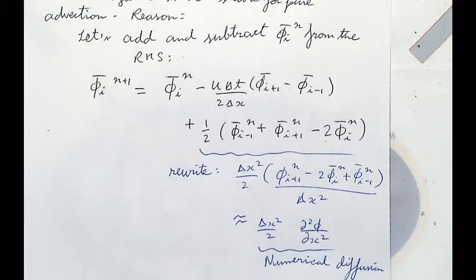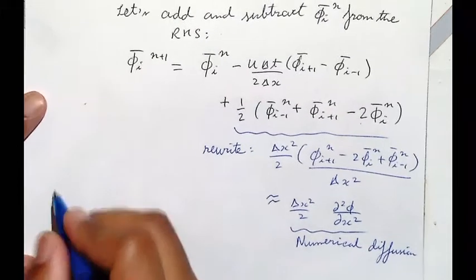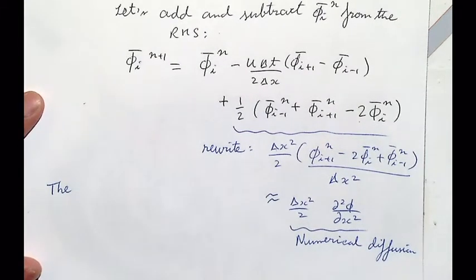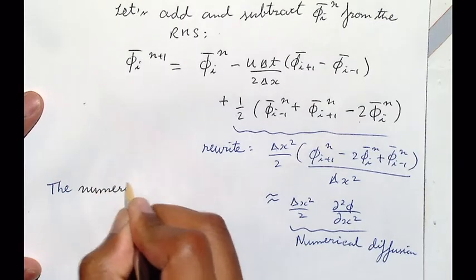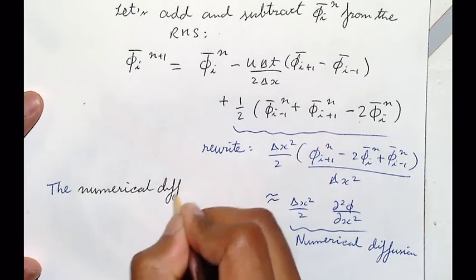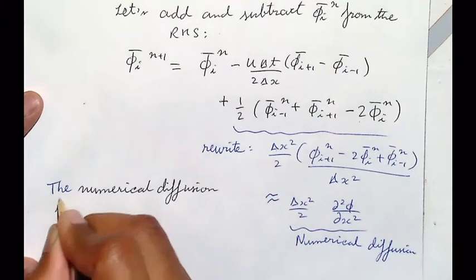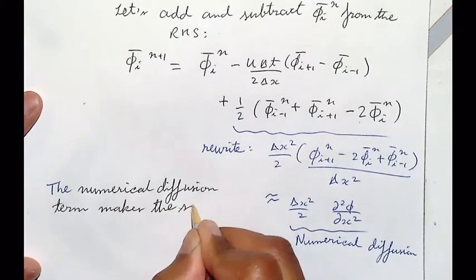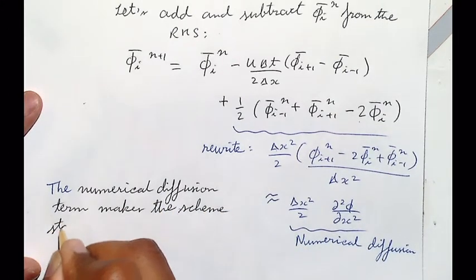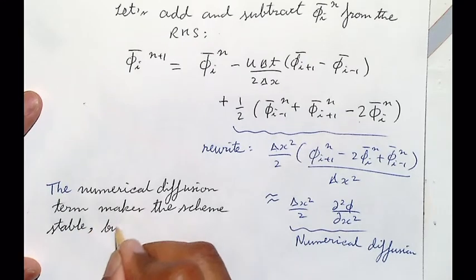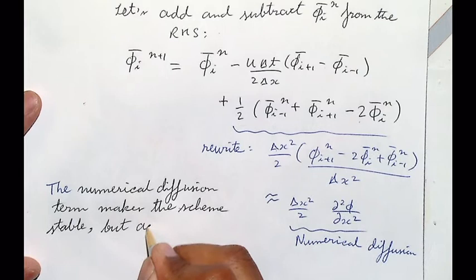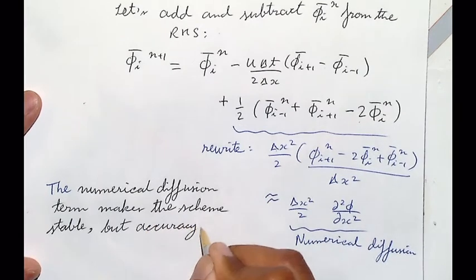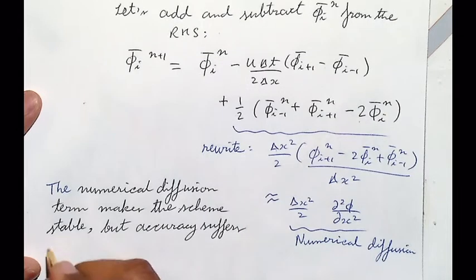You remember there was a nice Gaussian bell which started decreasing in value, right? So the numerical diffusion term makes the scheme stable but accuracy suffers. Significantly.